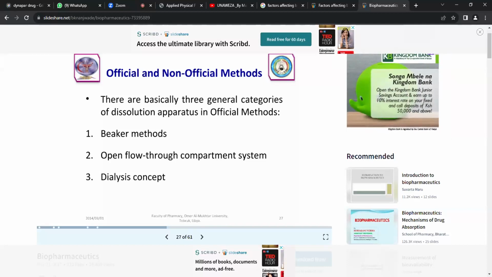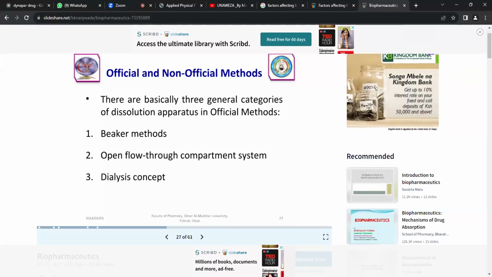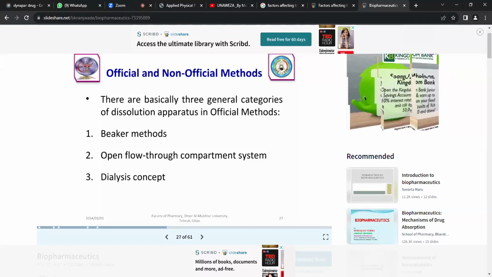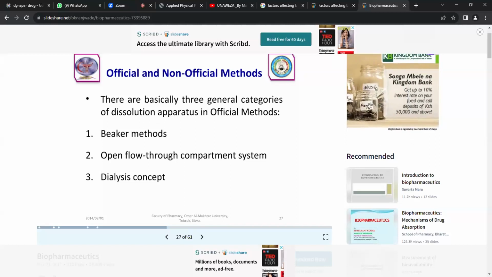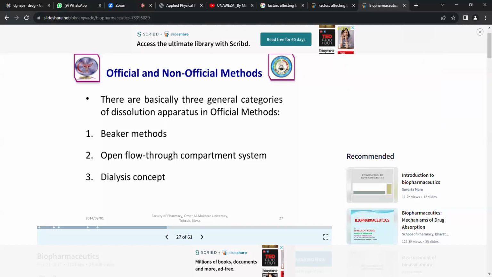Is that okay? Yeah, that's fine, that's fine. So where did Jambi reach? Ionization.